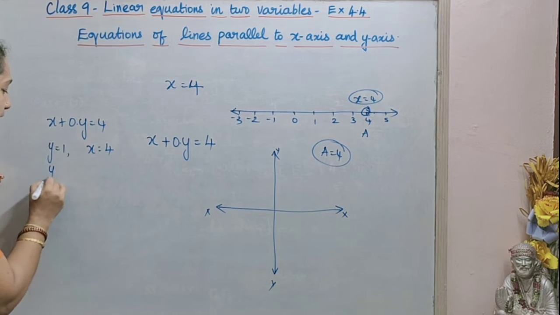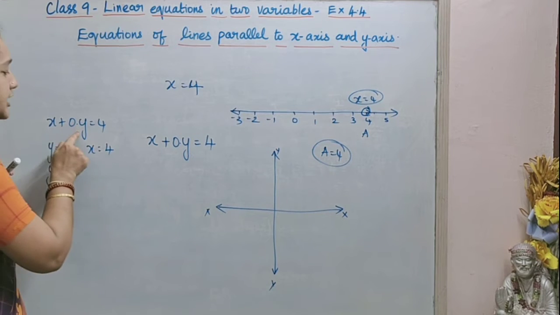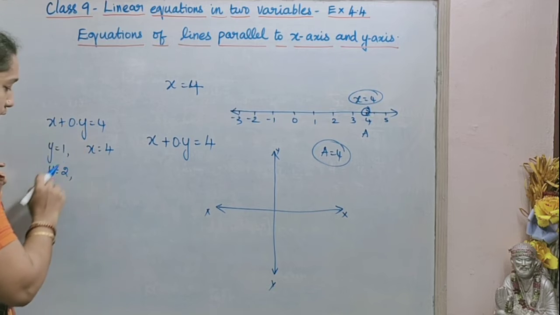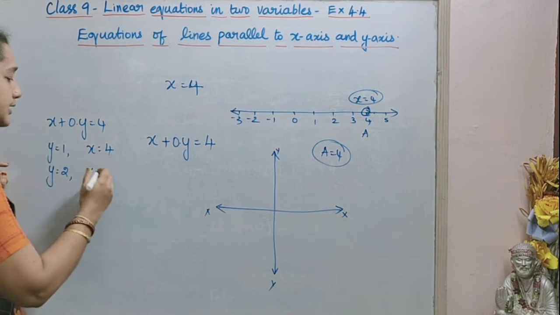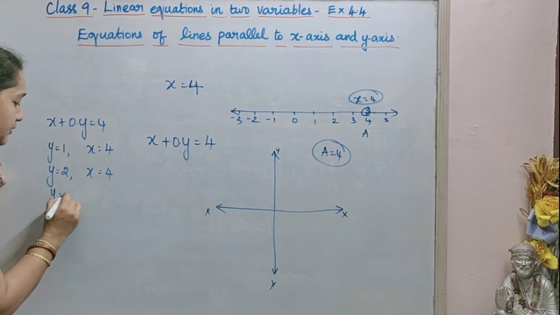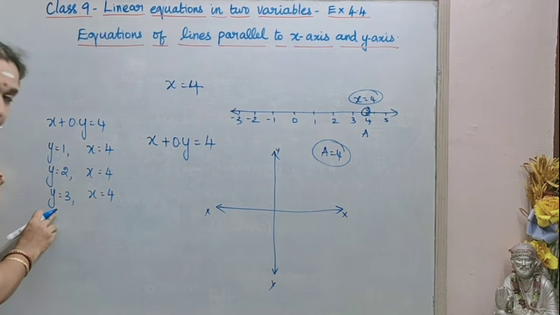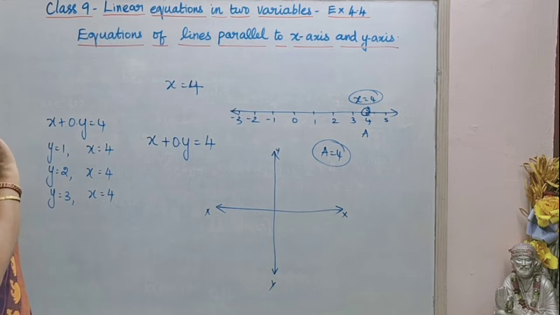In the same way, if I am taking y is equal to 2 in this, what will I get? 0 into 2 will be 0. So, x is equal to 4 I will get. Same way, whatever values of y we are taking, the x value will be 4.